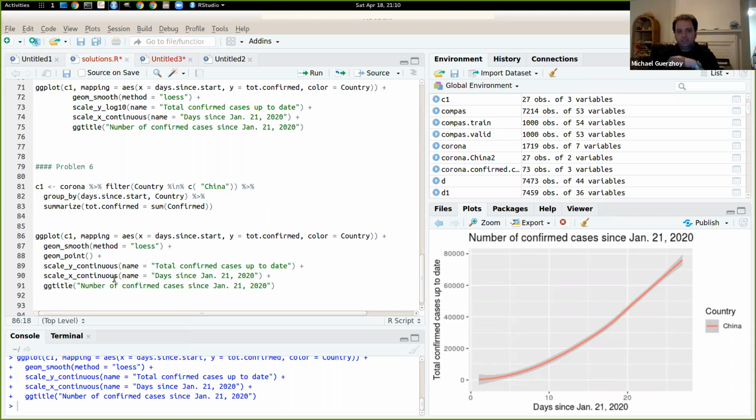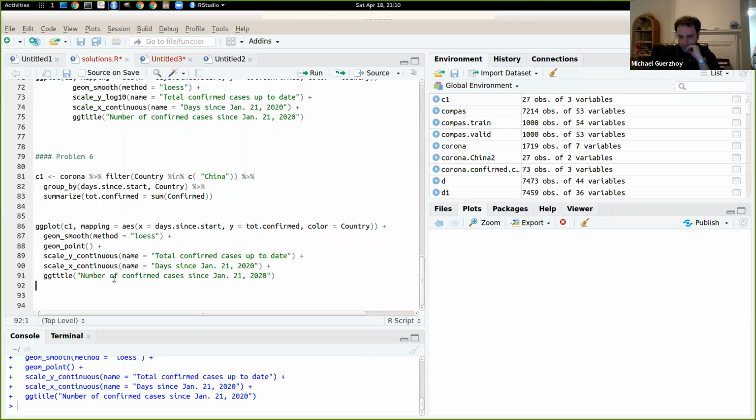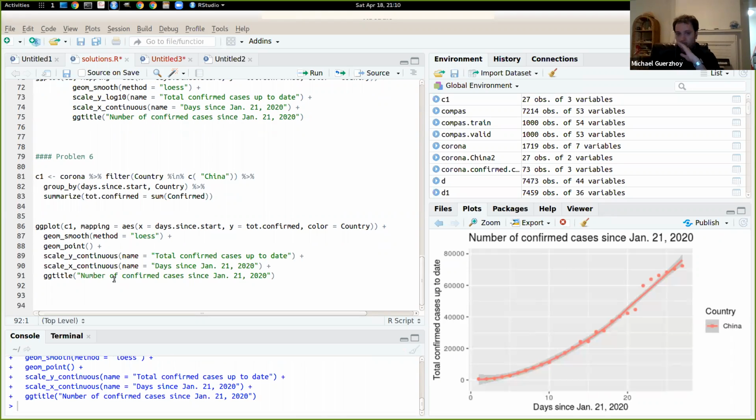So this is with y not being displayed on the logarithmic scale, and this is y being displayed on a logarithmic scale.